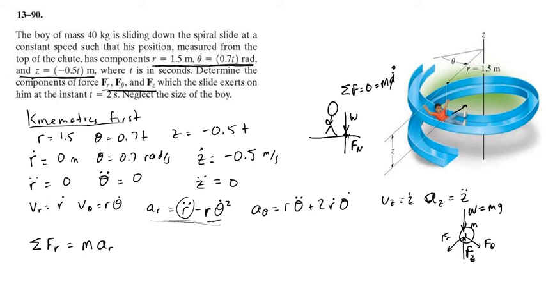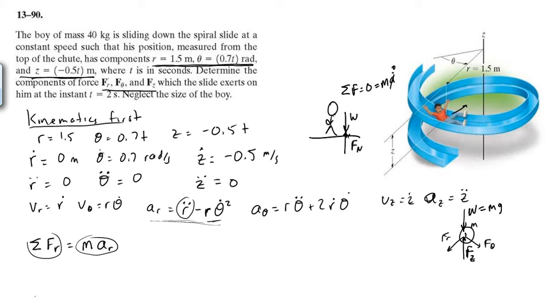All right, so the sum of Fr is equal to mass times the acceleration. So now let's sum the R forces. Since we found AR, we're going to solve for MAR.